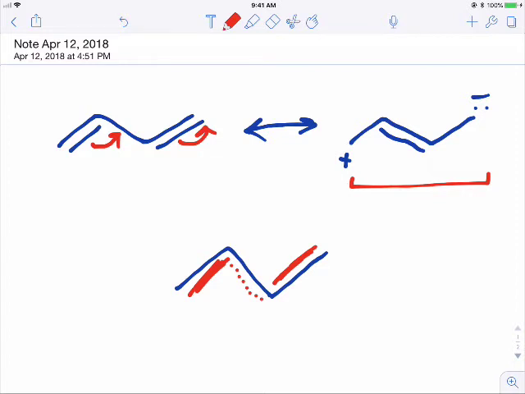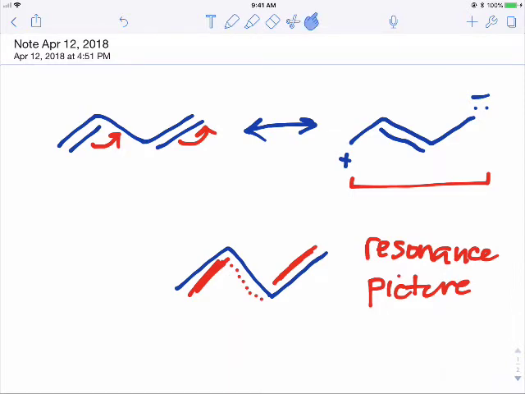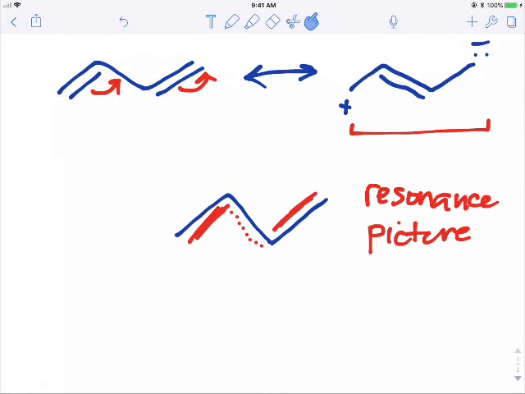Now, that should be our resonance picture. According to resonance, that's what our structure should look like in real life.